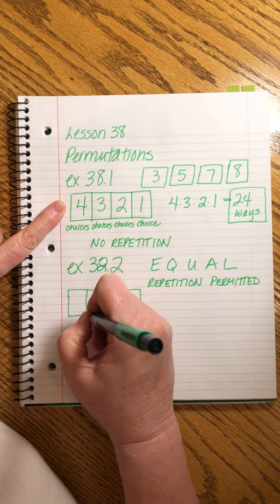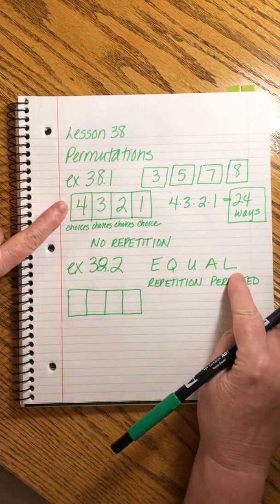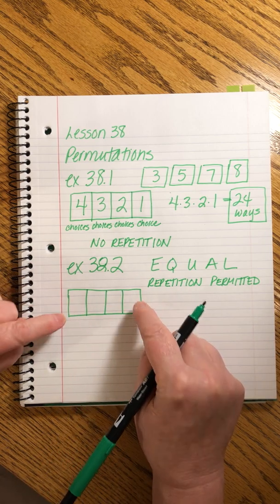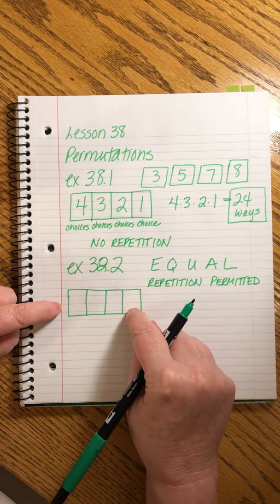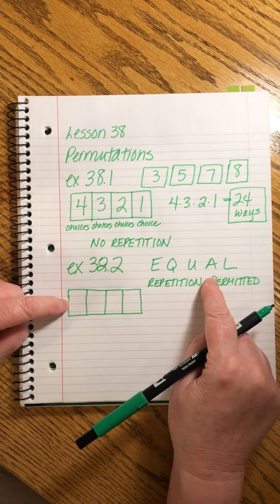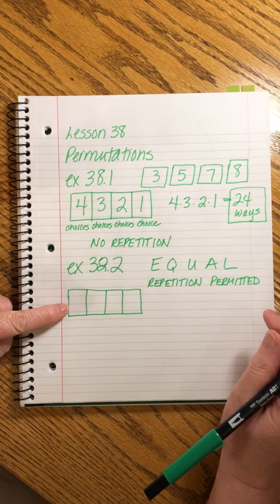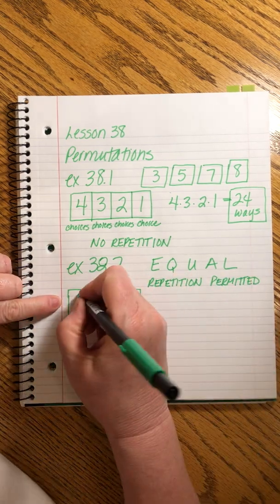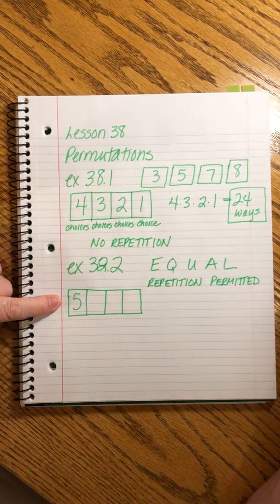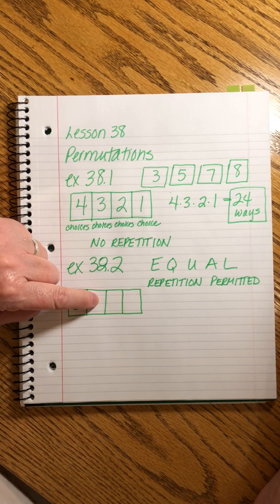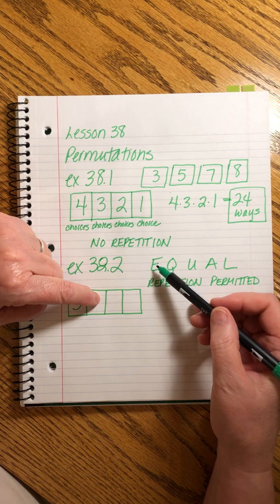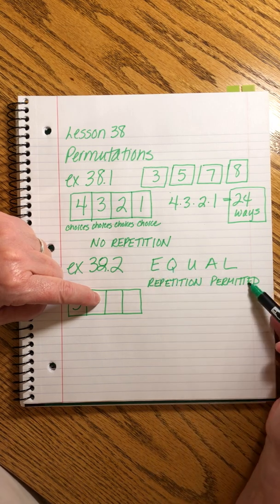Again, pretend these are like Scrabble tiles and we can fit them into this tray. There's only 4 slots in the tray because we're making 4-letter words and we're allowed to repeat. So when we go to fill in the first one, we can put in any one of these letters, right? So we have 5 choices. When we go to the second one, we've chosen, let's just say we chose the E to put in there, but there's more E's in the stack because repetition is permitted.